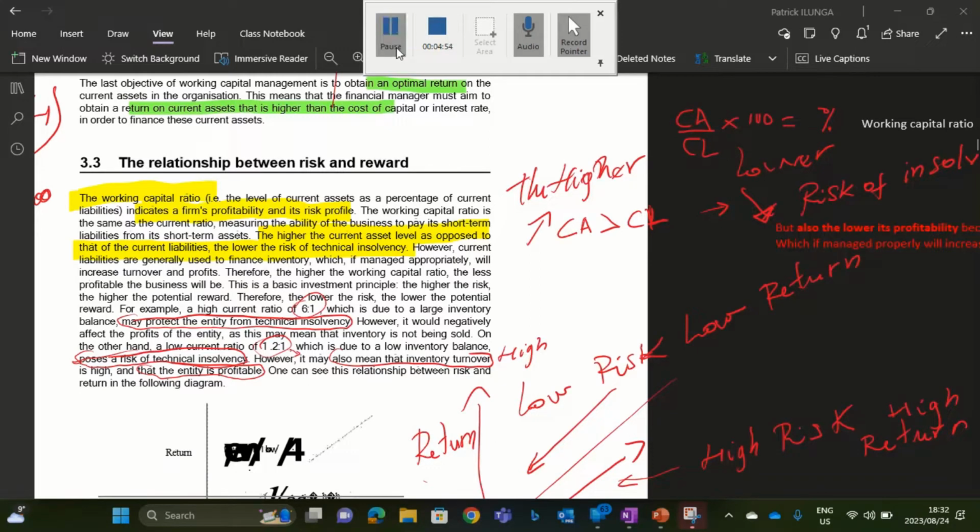So, in other words, they are not selling enough and often. A business can have quite a low working capital ratio, but that business is highly profitable because of the fact that it is having enough inventory turnover.